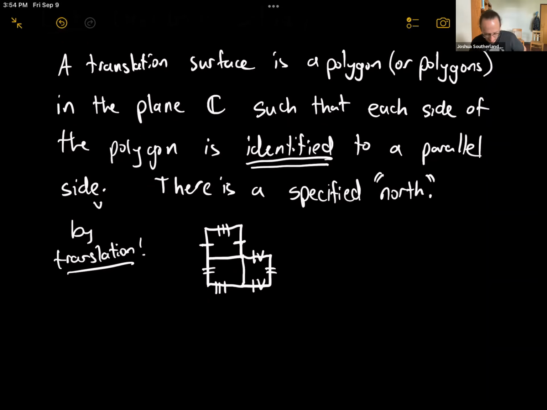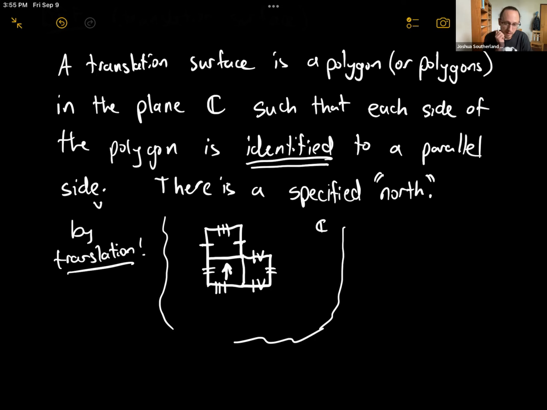Cool. Now, here there is a natural north that we can pick, which is up in some sense. It's up in the sense that I'm thinking about it as a polygon living in the plane C. So the positive imaginary direction gives me a specified north direction.